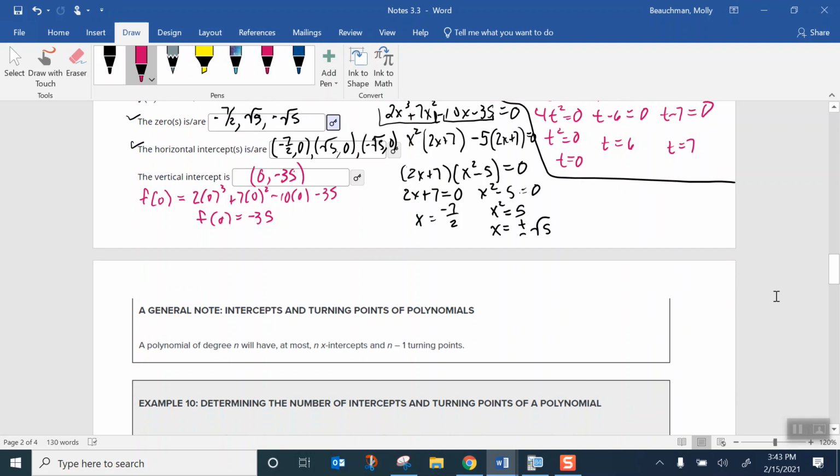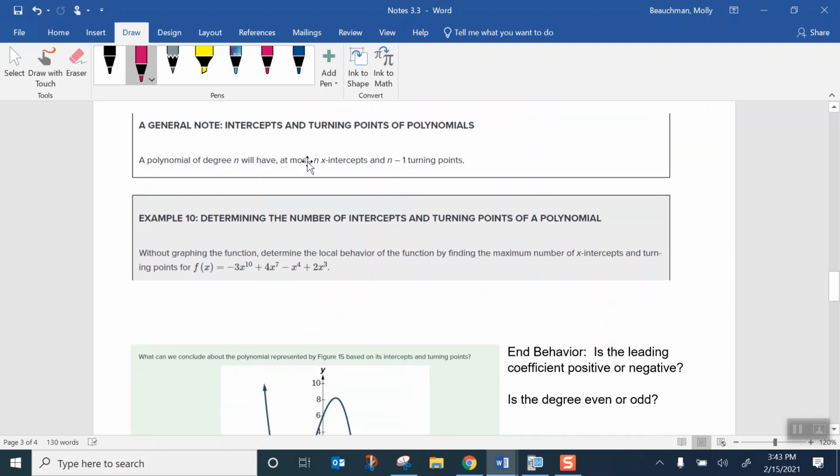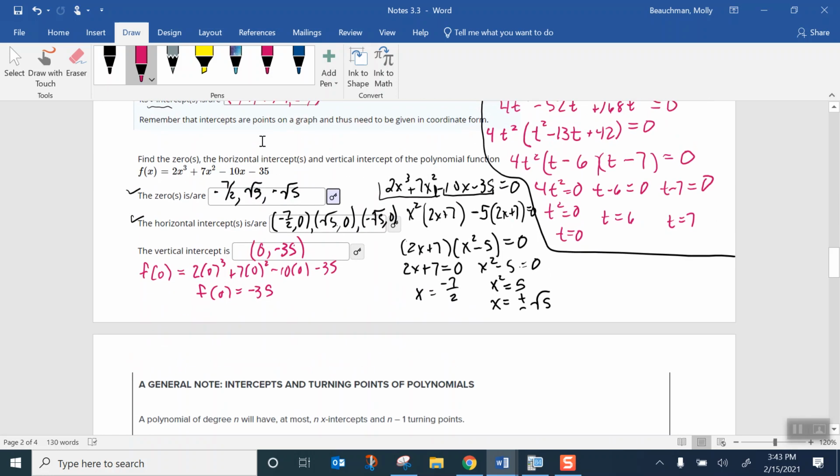So a general note, a polynomial of degree n will have at most n x-intercepts and n minus 1 turning points. Notice we had a degree 3 polynomial and we had 3 zeros, or 3 horizontal intercepts.